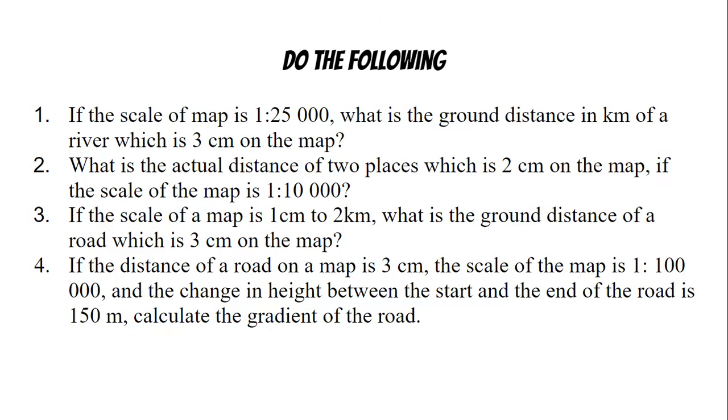Now, remember, when we are calculating gradient, we need to have both values in the same unit. So when we get our answer in centimeters, we would just go ahead and convert that to meters, and then we would find our gradient. All right, so we take it one step at a time, and we won't have any problem.